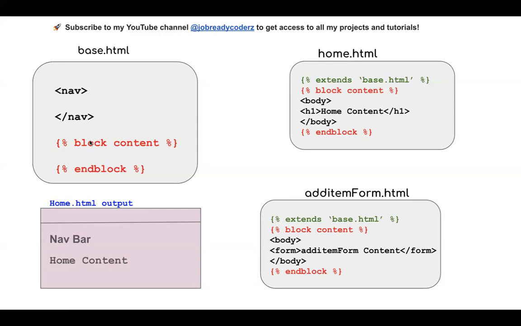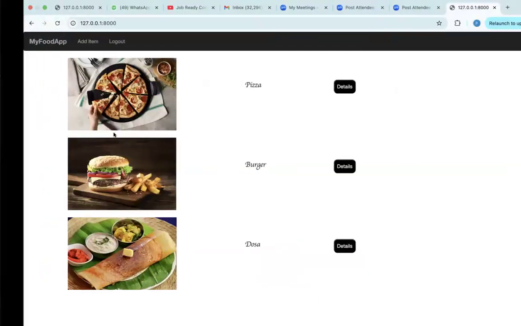If you change the position of this block content end block to the top of navbar, if I keep these two lines here, then what will happen? This content will be loaded first. Below that, the navigation bar will be loaded. In the similar way, for any request, this content will be loaded at the top first, and then the navigation bar will be loaded. So let's check how it works.